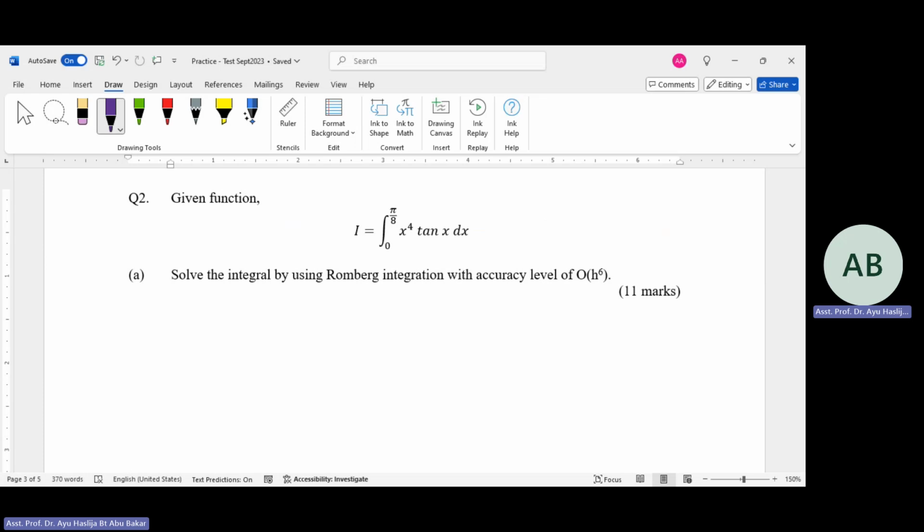Now identify your A and B. This is your A, this is your B, and the inside equation is your Fx. I would advise you to generate the table first so that you can see which data you require.